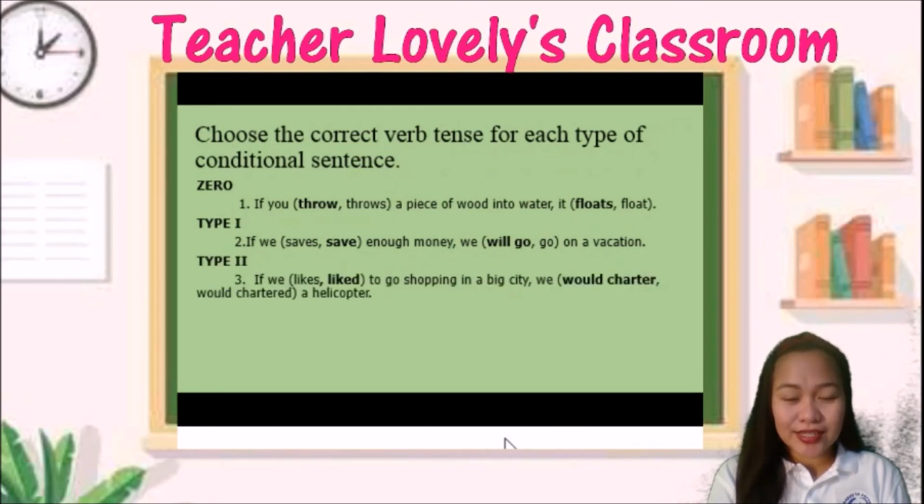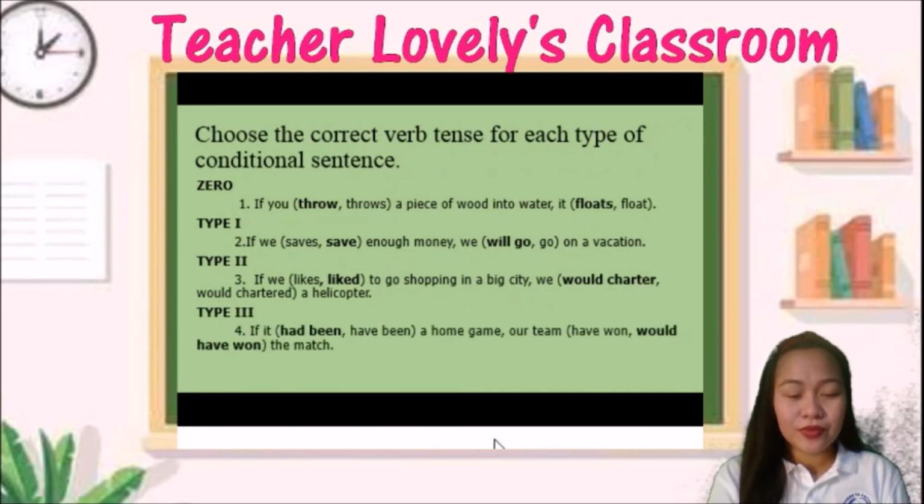For the second conditional, if we liked to go shopping in a big city, we would charter a helicopter. And for the third conditional, if it had been a home game, our team would have won the match. So, what's your score now? That's great!